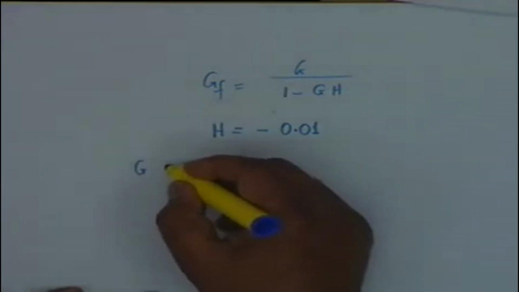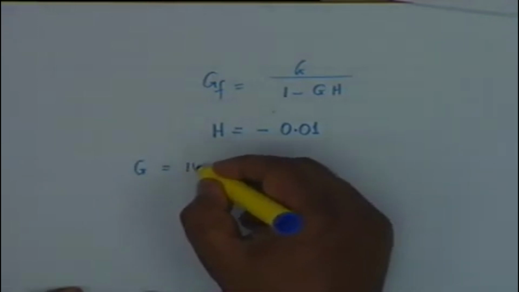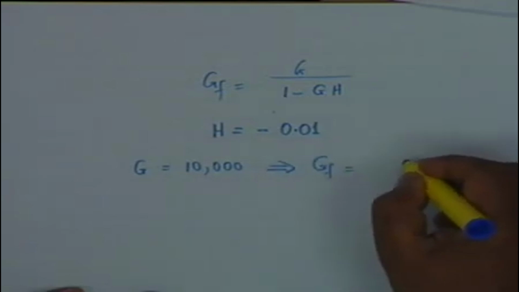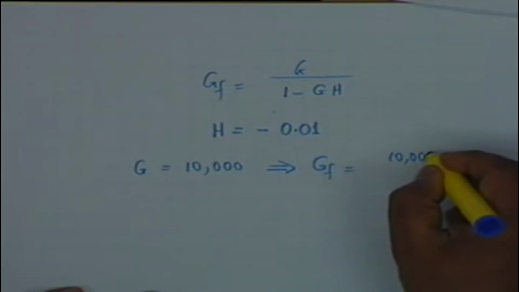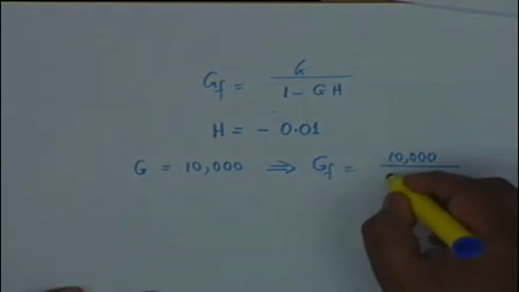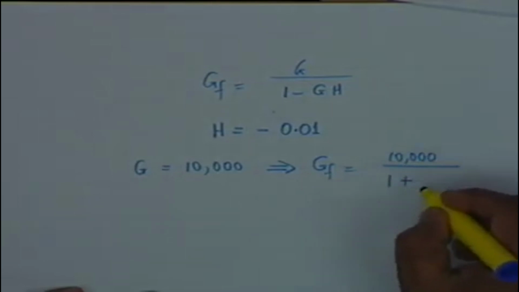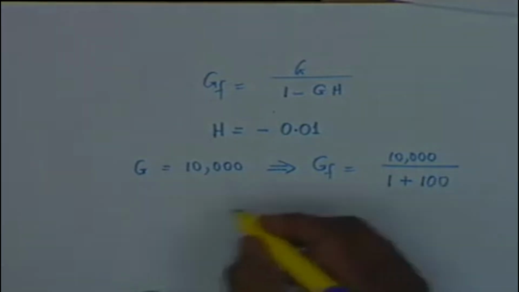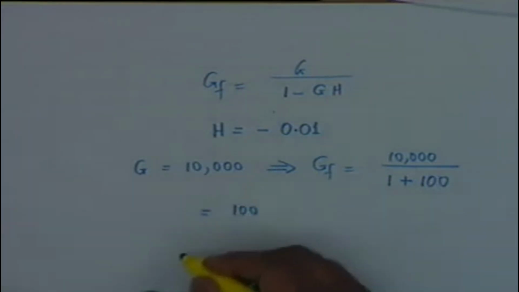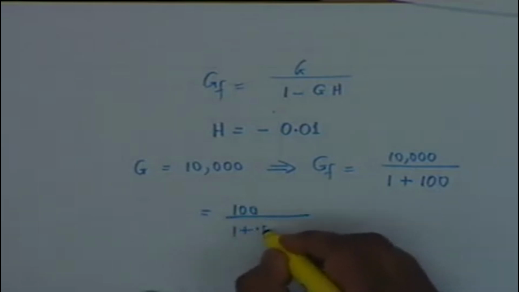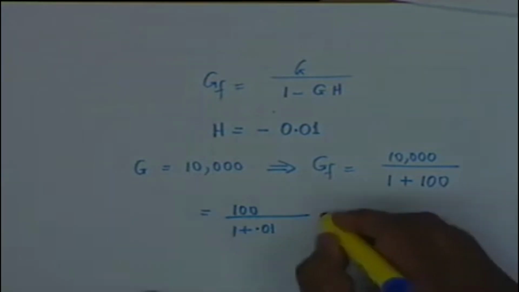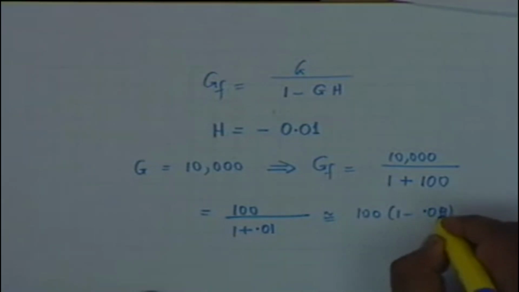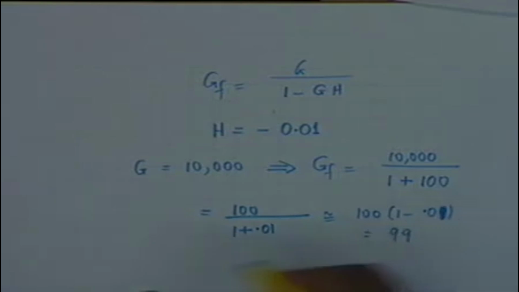And suppose G is equal to 10,000. Can you tell me what GF is? GF would be 10,000 divided by 1 plus 100, which I can write as 100 divided by 1 plus 0.01, and it is approximately 100 times 1 minus 0.01, and that's equal to 99.